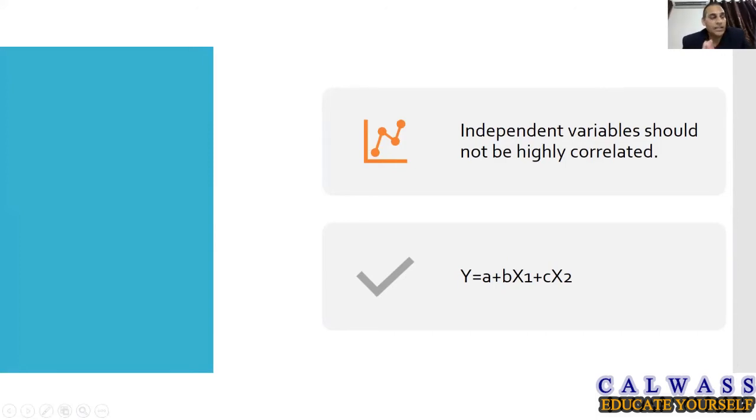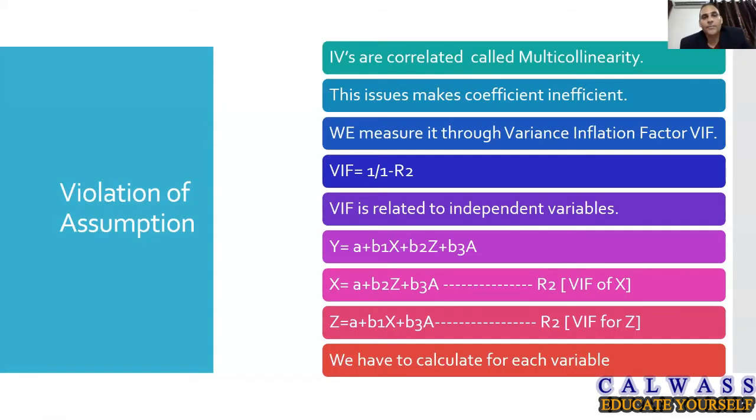This is one of the assumptions of OLS regression, that our IVs should not be highly correlated with each other, meaning x1 and x2 should not be correlated with each other. If they are correlated, it means there is multicollinearity within your model, right? What it does is it makes your coefficients inefficient, right?